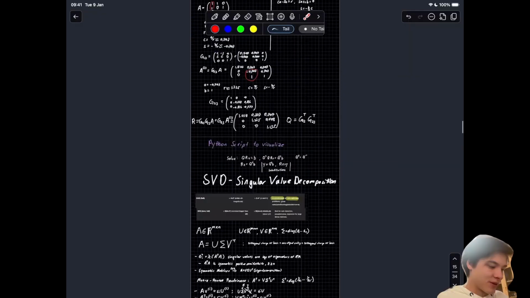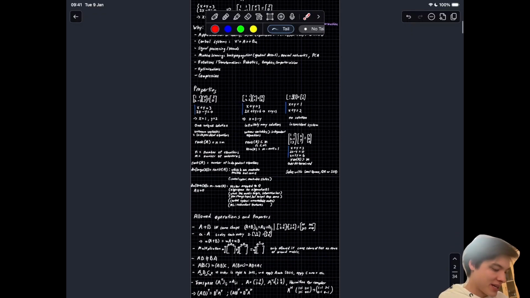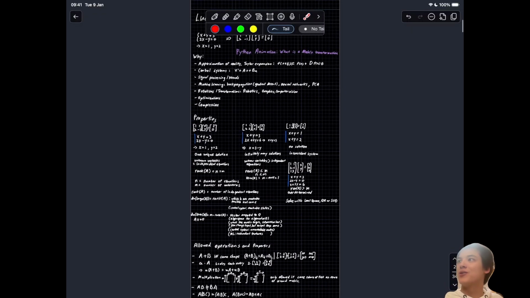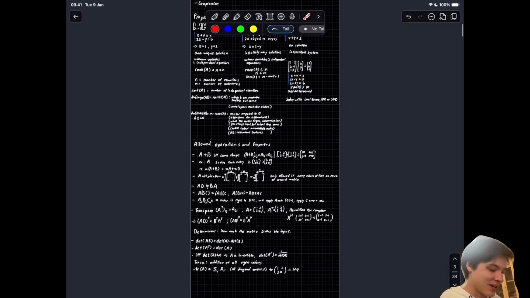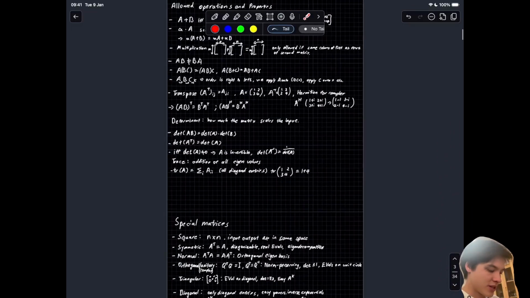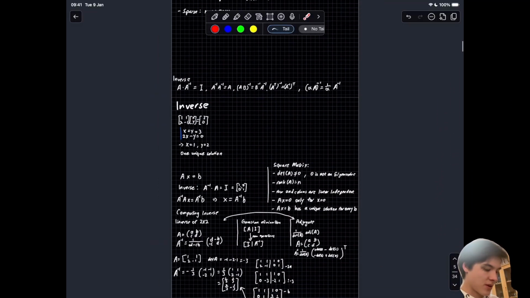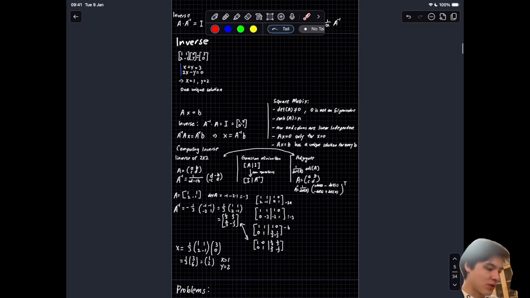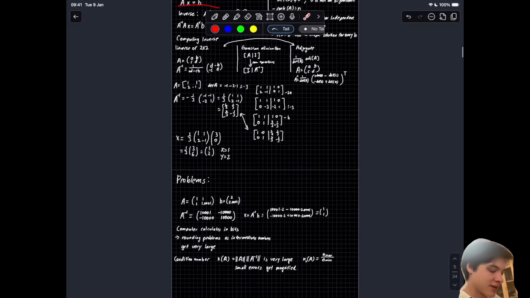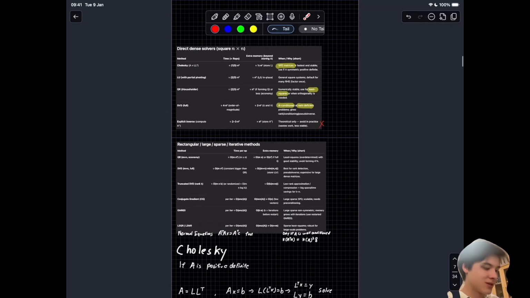Let me give a quick recap on everything that we did. We went through what linear systems are and some operations. We saw how to solve for AX equals B, how to get our solutions, and some different ways of solving it.